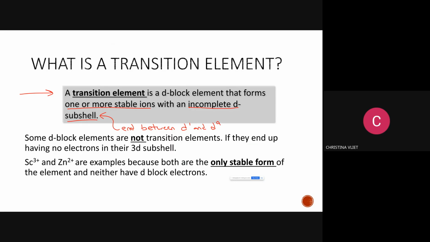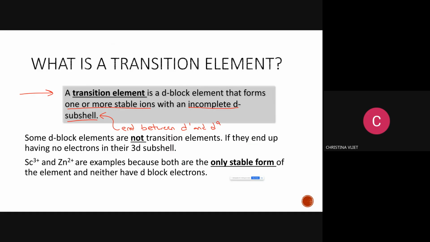Incomplete means not complete: 1, 2, 3, 4, 5, 6, 7, 8, 9, but not 10, because 10 would be complete. Copper has a complete D subshell, maybe, sometimes. Okay. It forms 1 or more stable ions with an incomplete D sublevel.